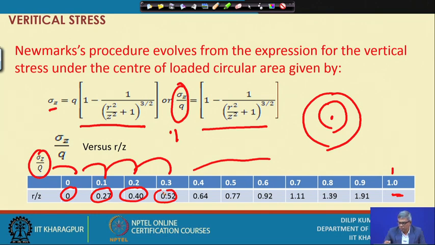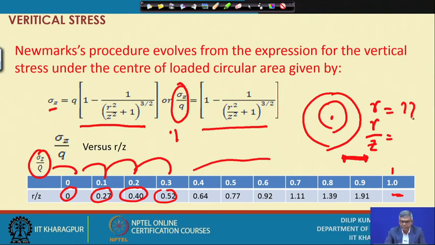From the R by Z ratio, if I fix a Z value, suppose 2 meter, and take some length, say 2 meter equals 2 centimeter, then from R by Z I will get the value of R.